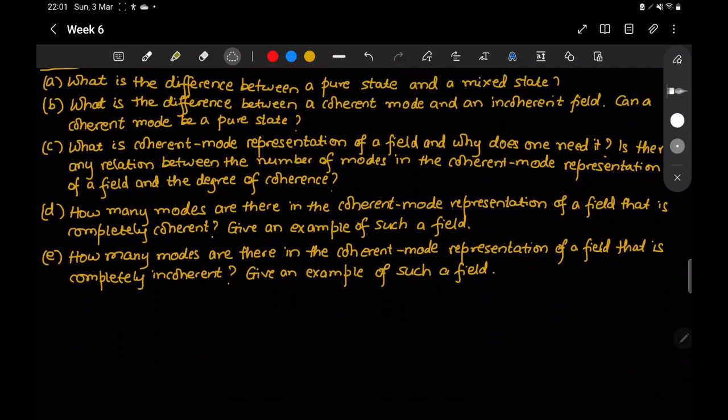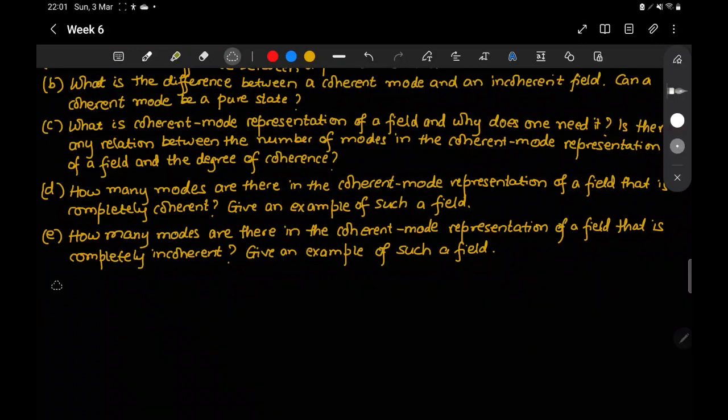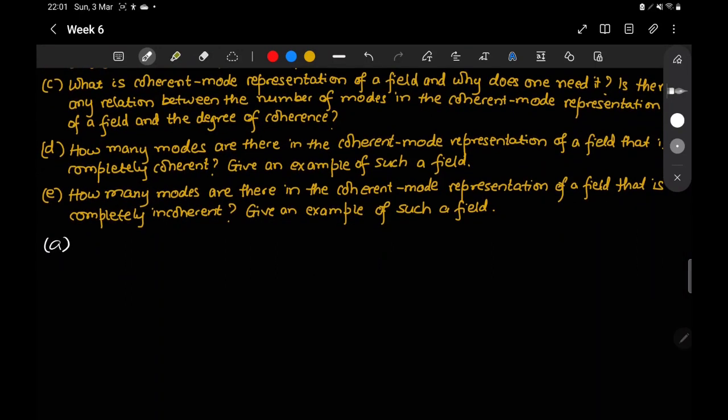Okay, so let us now discuss the answer. This is part A. This is more of a descriptive type question. There are no equations to basically work with.